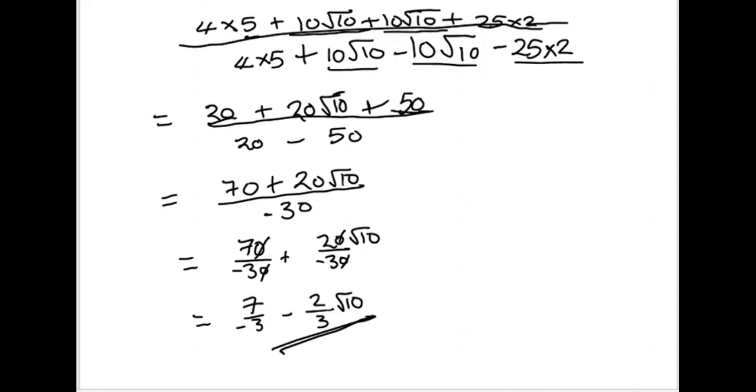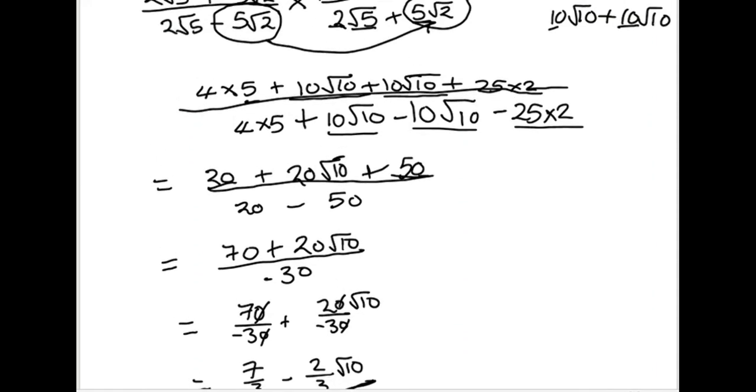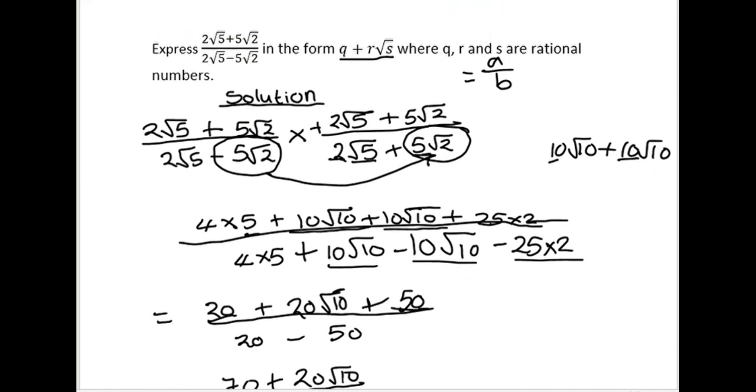So coming back to the question, we've made it to represent something like this: q plus r root s.